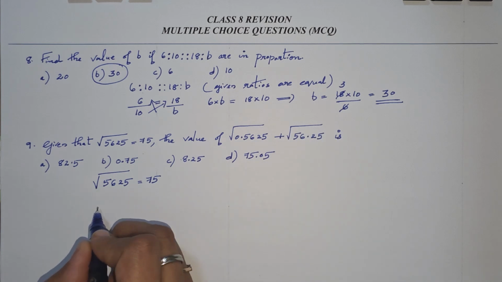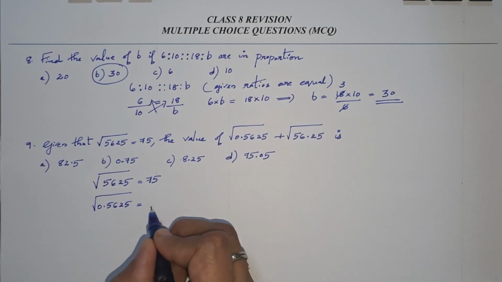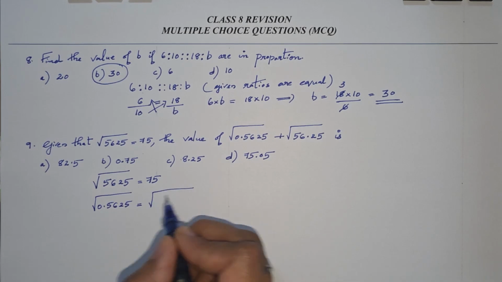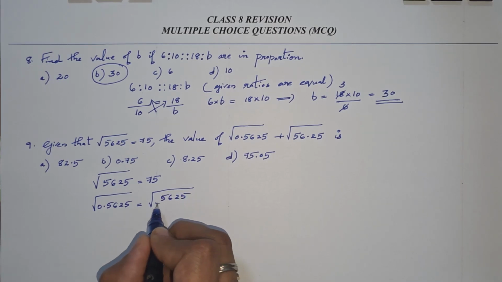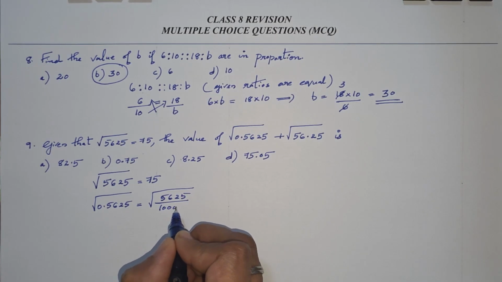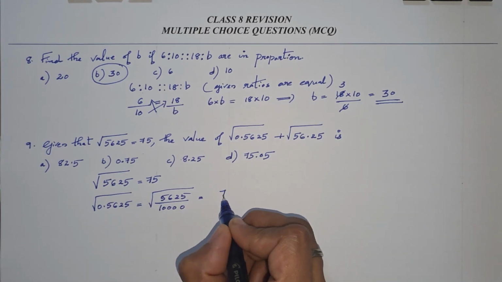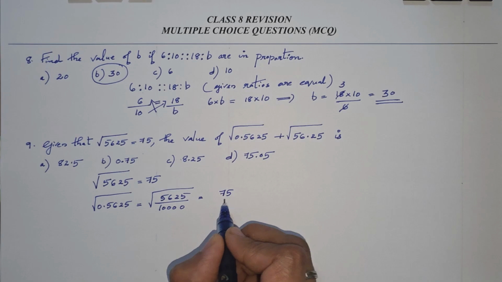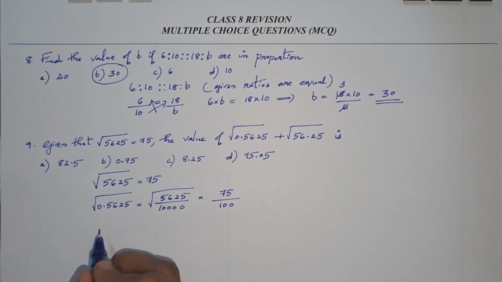So first find out what is square root of 0.5625. I can write it as square root of 5625 by 10,000, isn't it? What is square root of 5625? That is 75. What is square root of 10,000? That is 100. Let's keep it aside and do the other part. What is under root of 56.25?